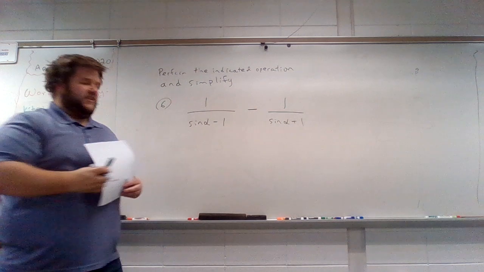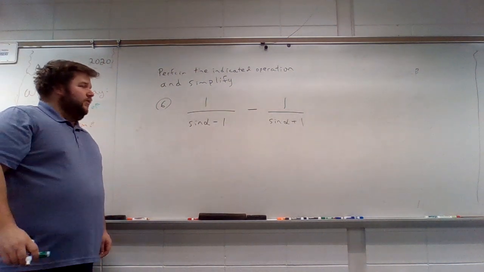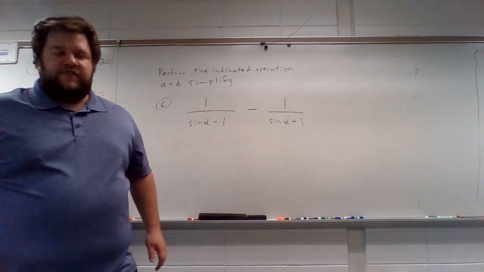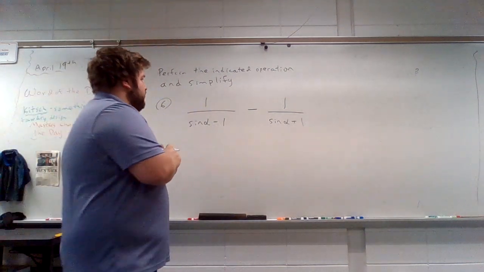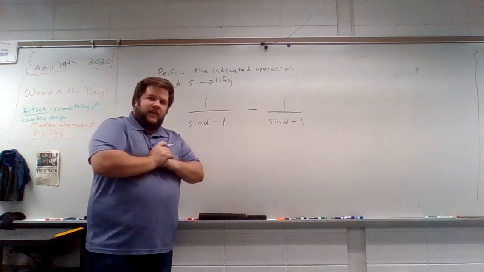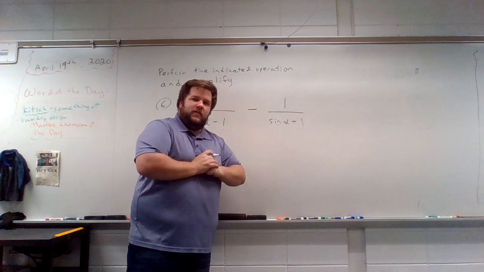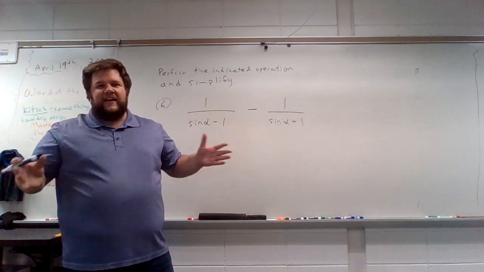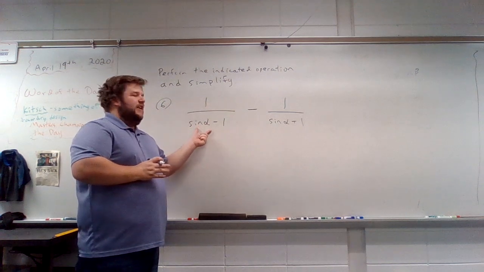So 1 over sine alpha minus 1, and then minus 1 over sine alpha plus 1. And we want to subtract those two fractions. Well, in order to subtract these two, I would need to get a common denominator. And if I have sine alpha minus 1 and sine alpha plus 1, really the only way I can get a common denominator is to multiply this guy by sine alpha plus 1.